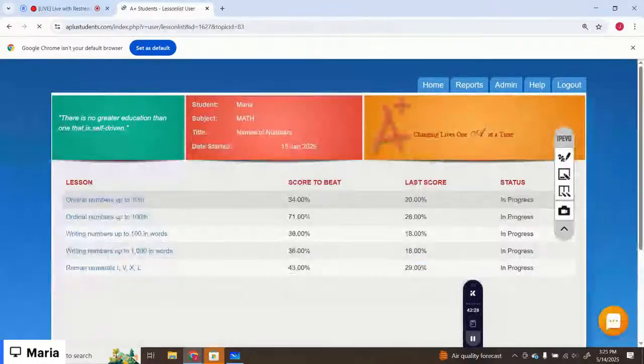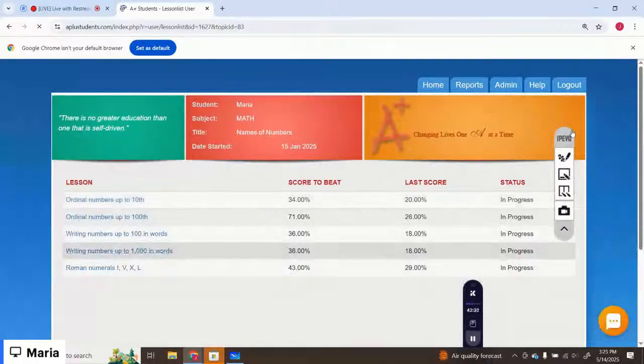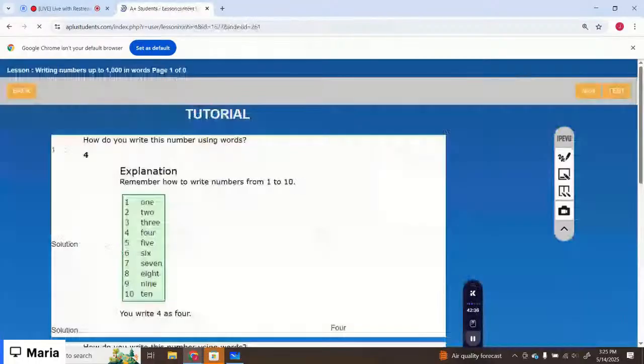Next lesson is writing numbers up to 1,000 in words. Let's just start the lesson. How to write this using words?